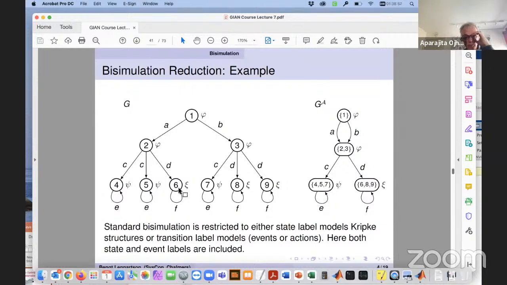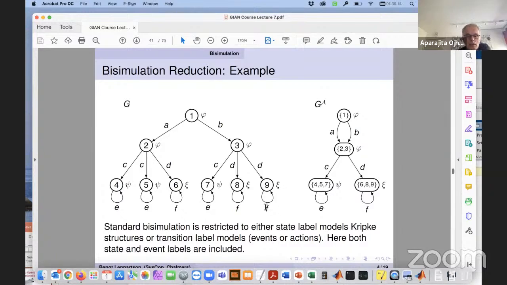In the same way, 6, 8, and 9 can be joined since they have a self loop with another event f, but the same state label. So 6, 8, and 9 can also be joined.